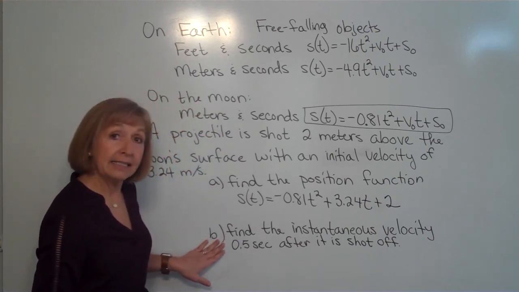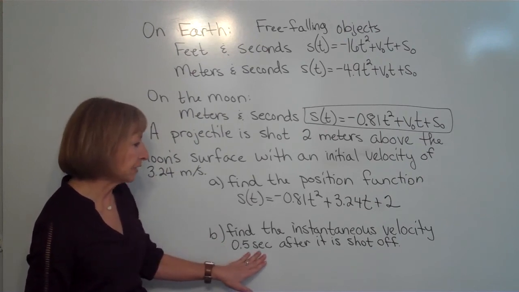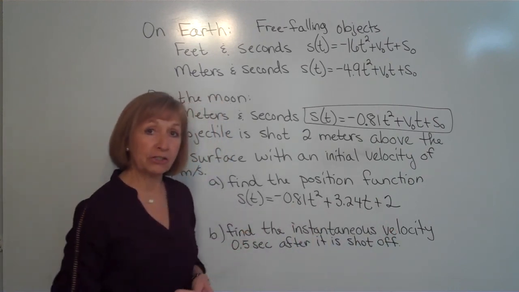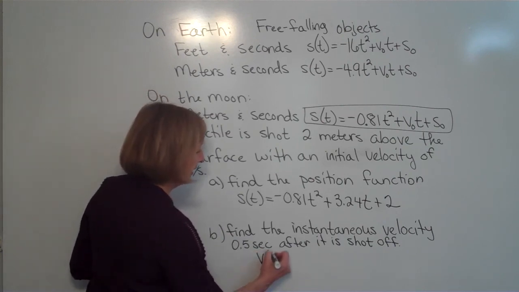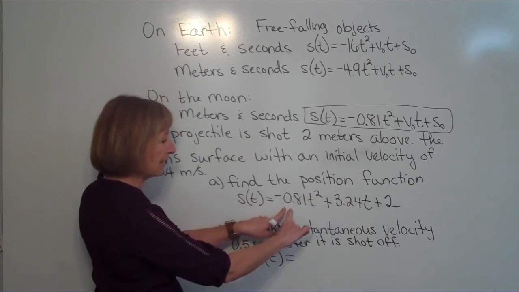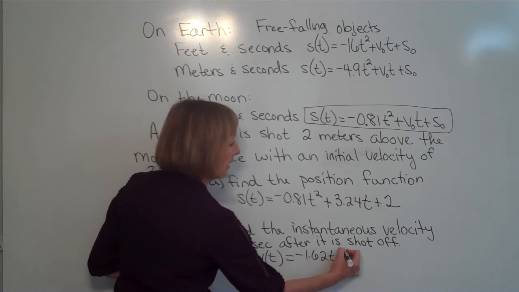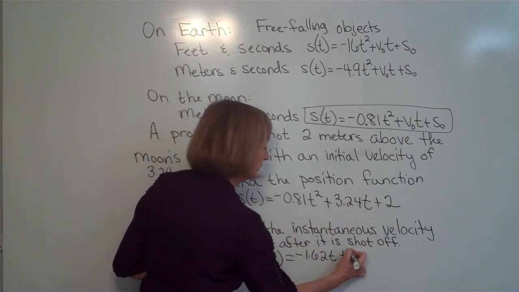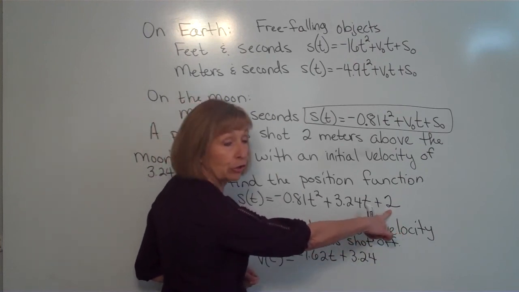Now it asks us to find next the instantaneous velocity at 1/2 of a second after it is shot off. So remember, the instantaneous velocity function is the derivative of your position function. So my v of t is going to be equal to, we'll bring down the exponent, multiply that to the constant, so that's negative 1.62t plus the derivative of 3.24t is 3.24, and then plus the derivative of a constant term is 0.